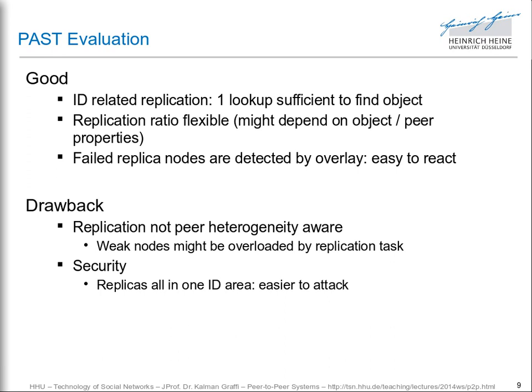And the responsible node is also responsible for the size of the replica set, and he can vary it depending on the churn rate or the leaf set of the leaf set and the own online time. And failed replica nodes are detected by the overlay, as we mentioned before, by this upcall update, and this is quite comfortable.